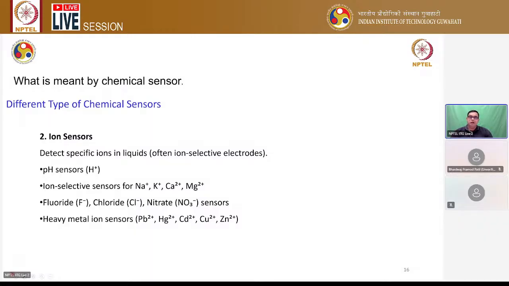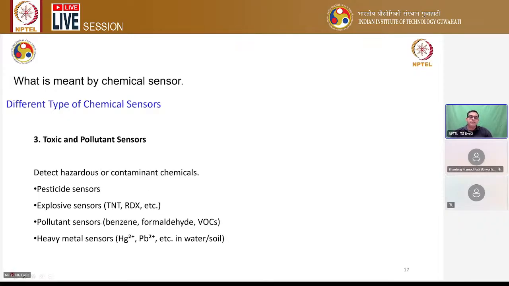All this falls under ion sensors, which are a kind of chemical sensor. Then you have toxic and pollutant sensors for detection of pesticides, explosives, and different pollutants like aromatic pollutants such as benzene and formaldehyde. Then you have heavy metal detectors in soil, in water, etc.